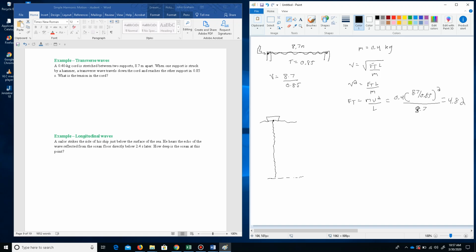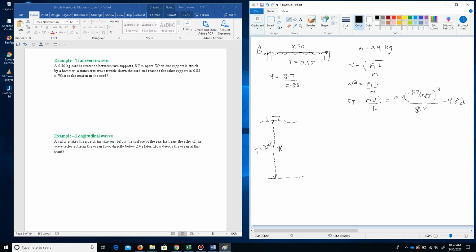I can't really draw a longitudinal sound wave that well. And it strikes. And the time it takes is 2.4 seconds. And it takes some distance. I'm going to call it X. Some distance X, where X is going to be how deep this ocean is to get down to that point.